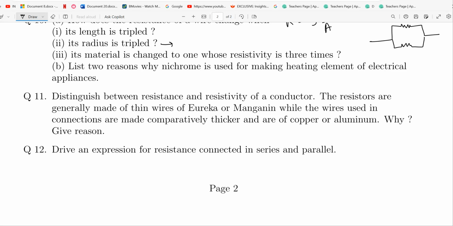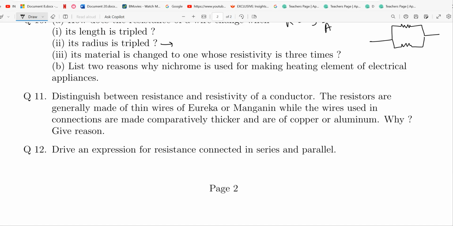Yeah, you can say that. Distinguish between resistance and resistivity, have you mentioned? Yes, sir, I wrote that. Resistance is the ability of a conductor to oppose the flow of electrons, and resistivity is the ability of the material. Resistance depends upon length and area, whereas resistivity is independent of those factors.